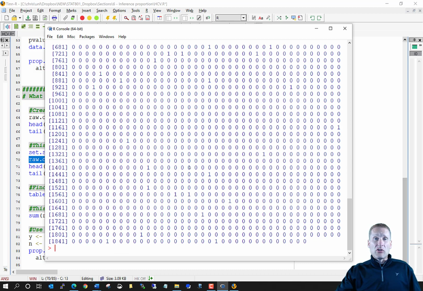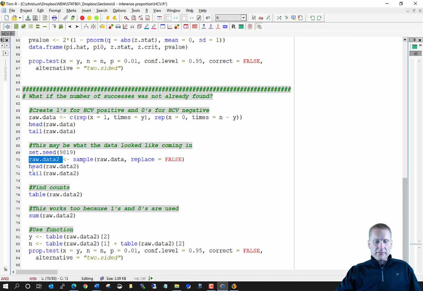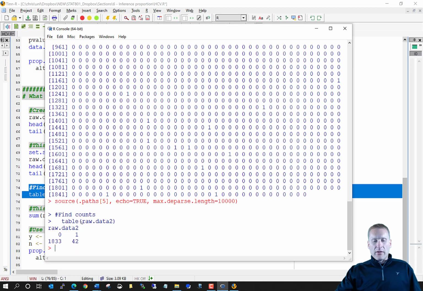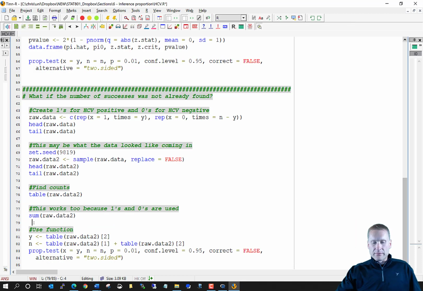And so what you'll need to do is transform it to a number of successes and a number of trials format. How do you do that? Well, one way is to use a function in R called table. Let's say all these ones and zeros are in raw.data2. I use the table function with it, and now we have summarized simply the number of zeros and the number of ones.